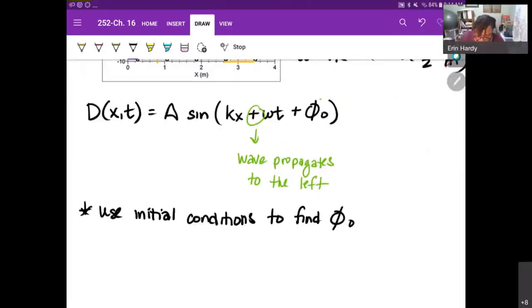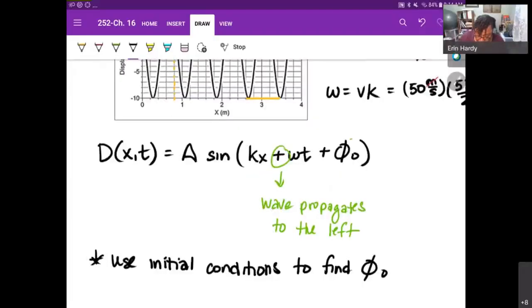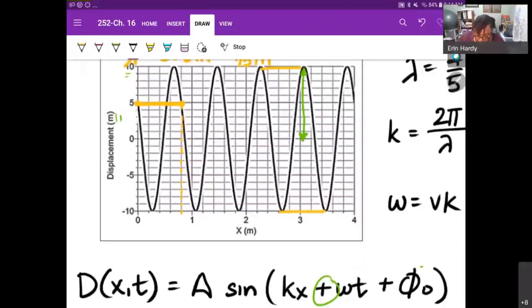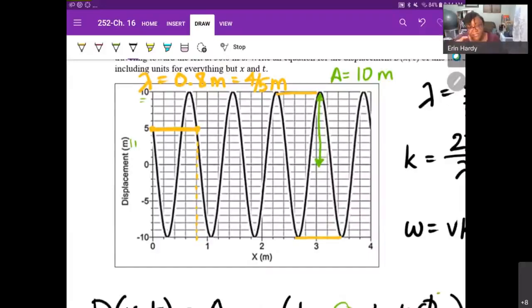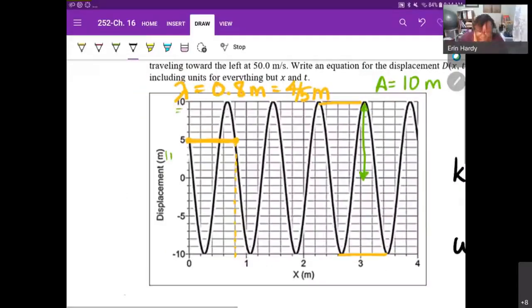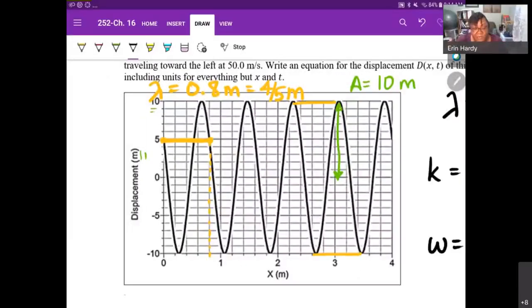So let's go back up to this graph and take a look at it. We observed earlier that this snapshot graph at x equal to 0 neither starts on a peak or a trough, and it also is not starting at displacement equal to 0. So I want to pay attention to the value that this displacement graph has at x equal to 0.